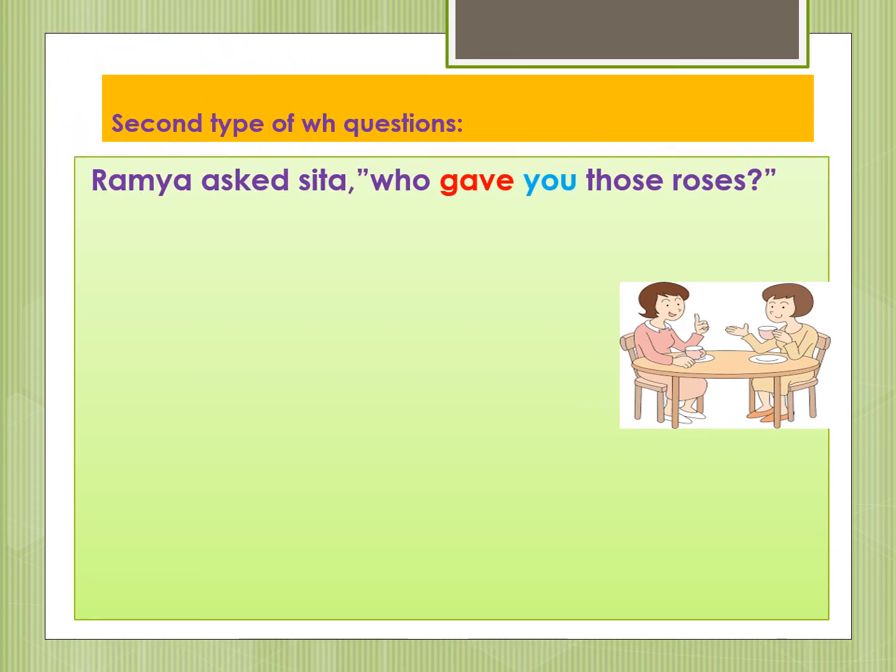Ramya asked Sita, "Who gave you those roses?" Here, "who gave you those roses" is in inverted commas. These are the actual words of the speaker, so it is in direct speech.